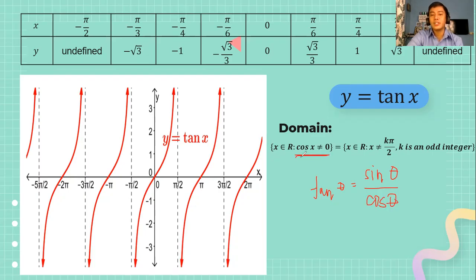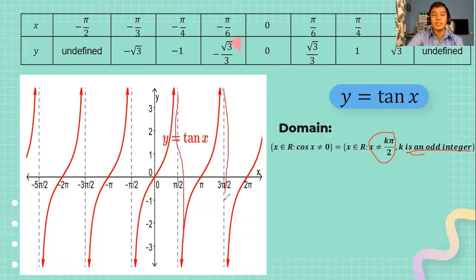So there is a restriction that cosine x should not be equal to 0 because it will be undefined in the denominator, as well as k should be an odd integer. So at every 90, 270, 450 degrees, they should not be equal to it because on these parts of the graph, they will be asymptotic.